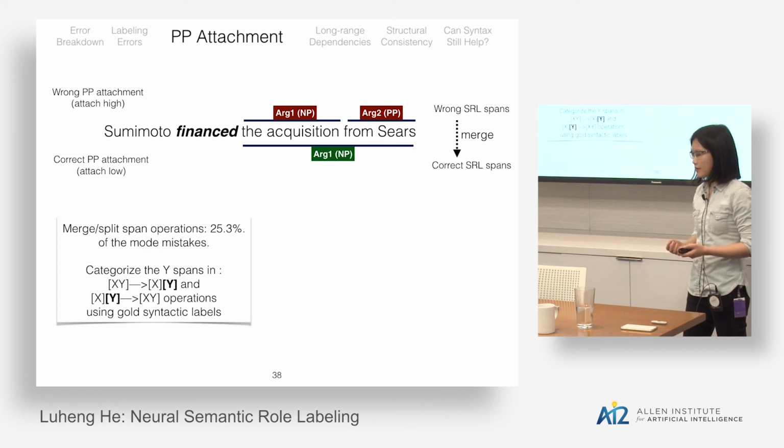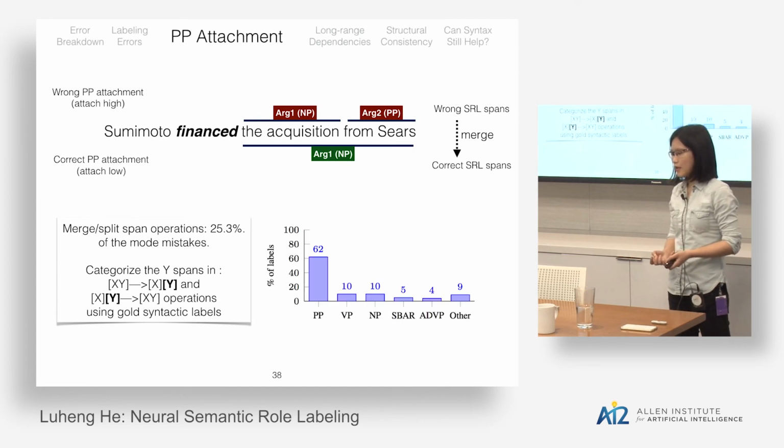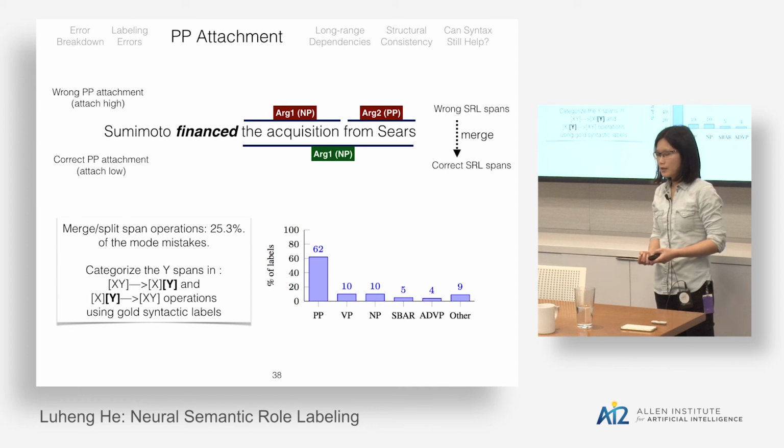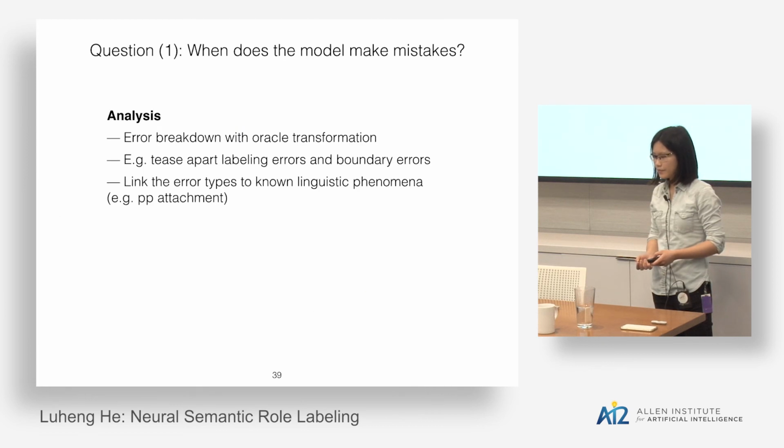To quantify this, we look at the 25% of the span merge and span split operations, and see how many of them involve a prepositional phrase. It turns out 62% of the span merge or split operations involve a prepositional phrase. This means that PP attachment actually corresponds to a big source of the error in our model prediction.